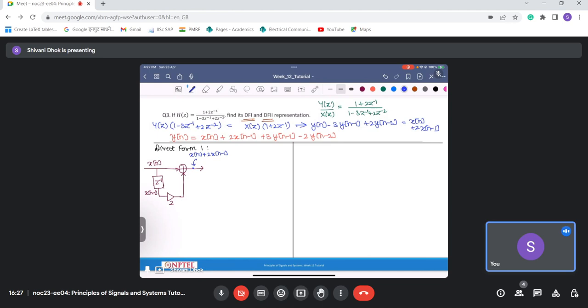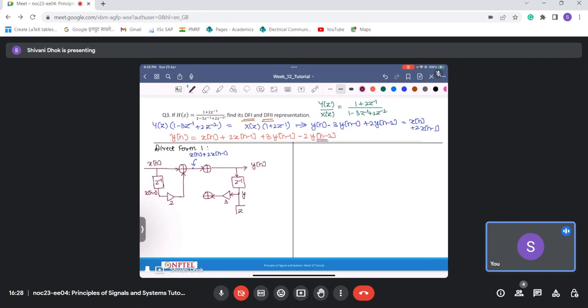What gets added is a delayed version of y[n], scaled by a factor of 3. There is also another one delayed by one more unit.